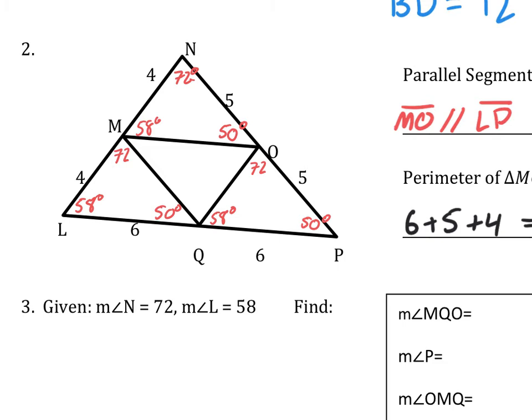So this angle right here, in order to get 180 degrees, would give us an angle measurement of 58. And then we would need an angle measurement of 72 and an angle measurement of 50 for that one.